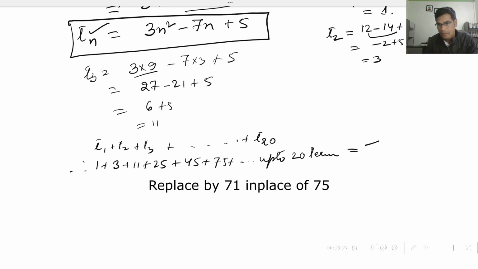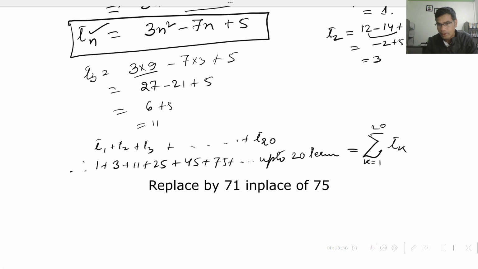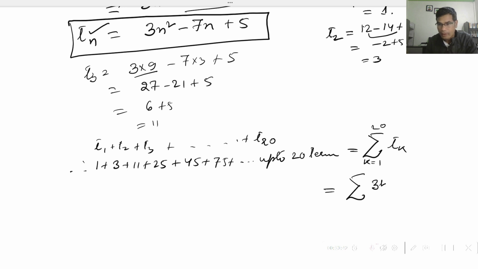So this is same as summation of tk, where k goes from 1 to 20. So summation of tk is 3k square minus 7k plus 5. So k goes from 1 to 20.